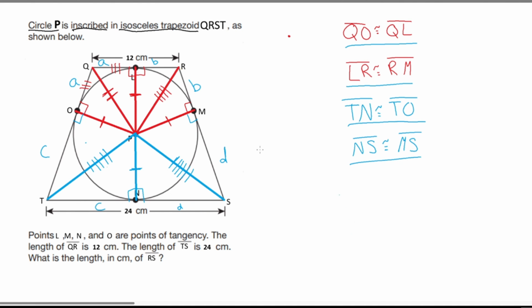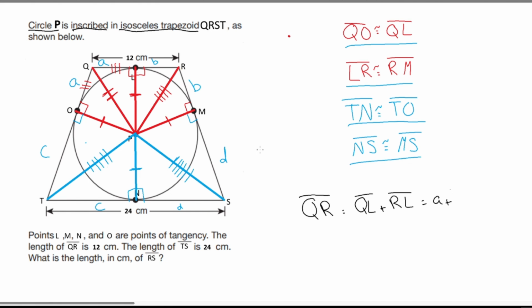From here, we'll do QR. Let me change the color, actually. So we have QR. This equals, and it says up here, QL plus RL is going to be equal to QR. These 2 sides make up this whole big side, so QL plus RL. And this is just A plus B, as we labeled up there.